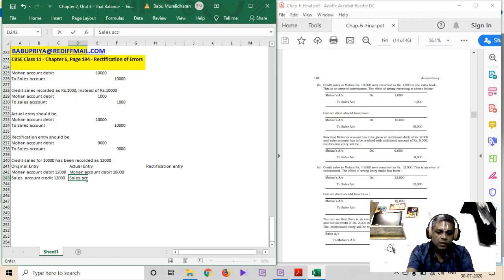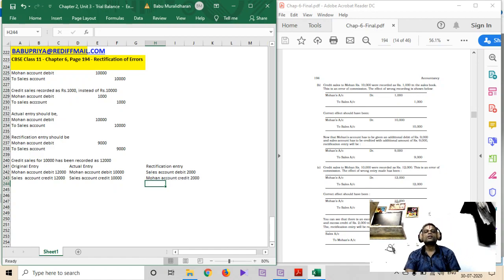Yes, sales account debit for 2,000, Mohan account credit for 2,000. Because in this case, Mohan account and sales account have been overstated by 2,000 rupees. So the reversal entry should be sales account debit 2,000 to Mohan account 2,000.